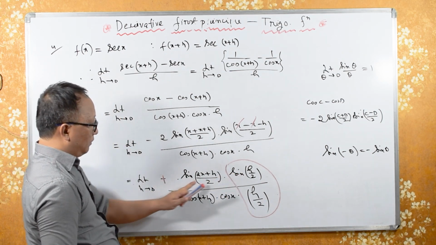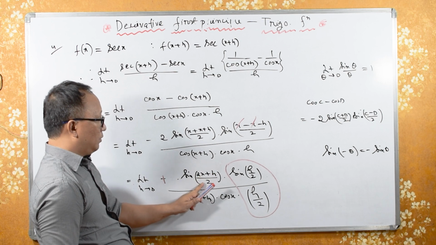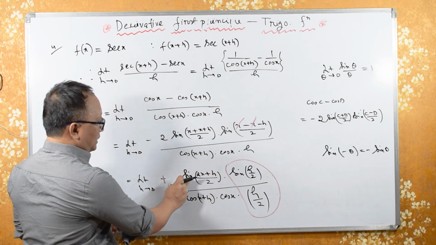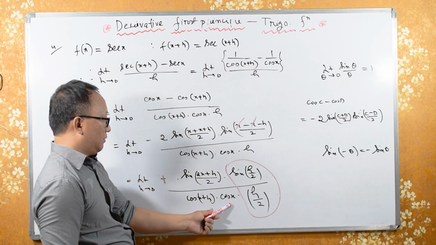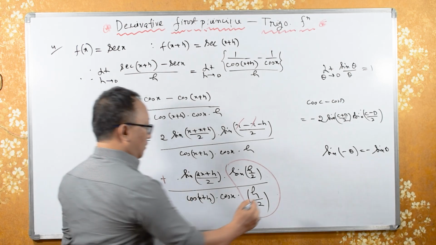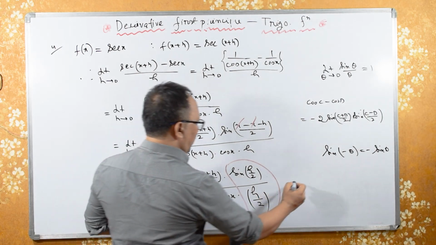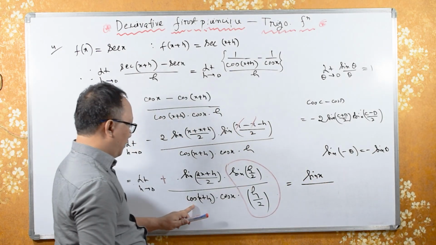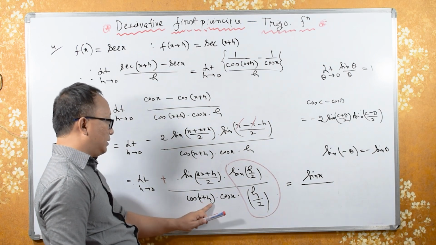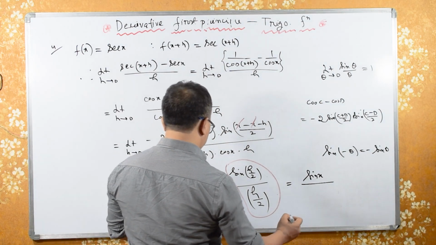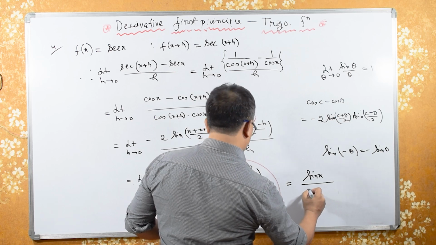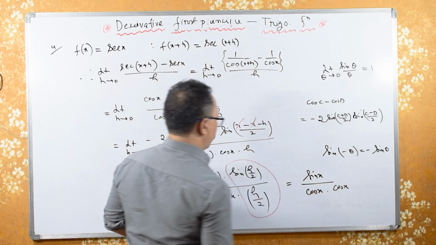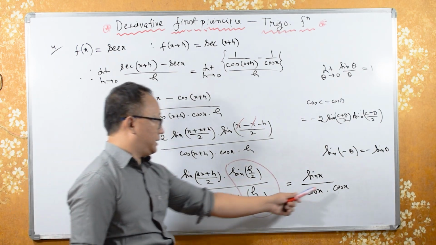When h tends to 0, sine 2x upon 2 is sine of twice x upon 2, the 2 gets cancelled, and we have sine x. Sine x upon cos x, and when h tends to 0, we have sine x upon cos of x into cos of x. This cos x is there.